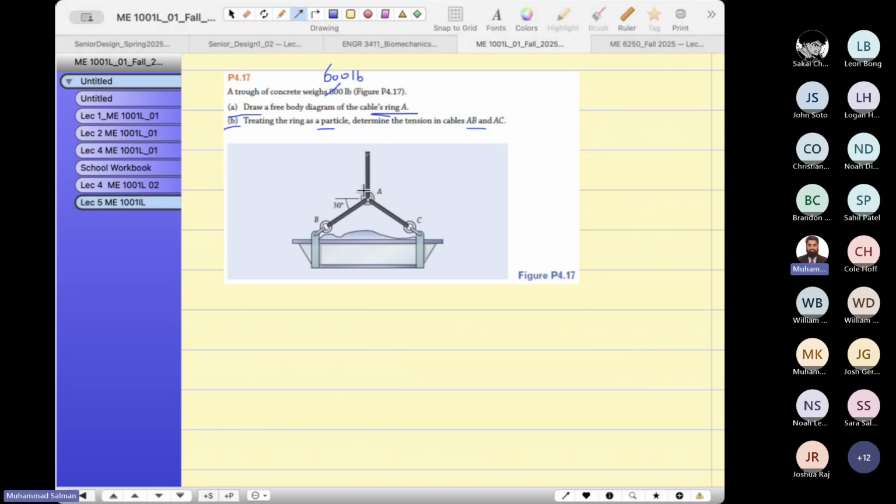So this is the ring, and when you isolate this, this is how you draw the free body diagram of the ring.